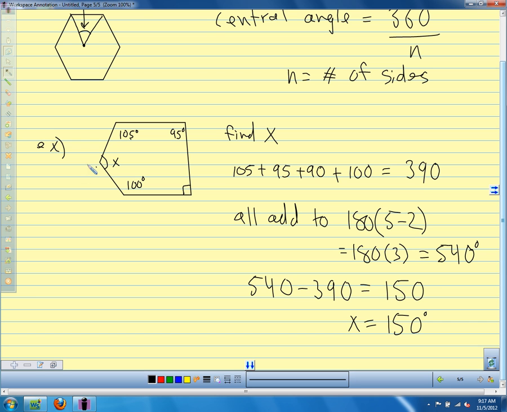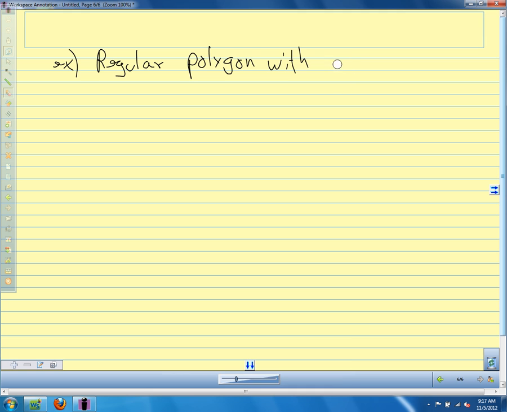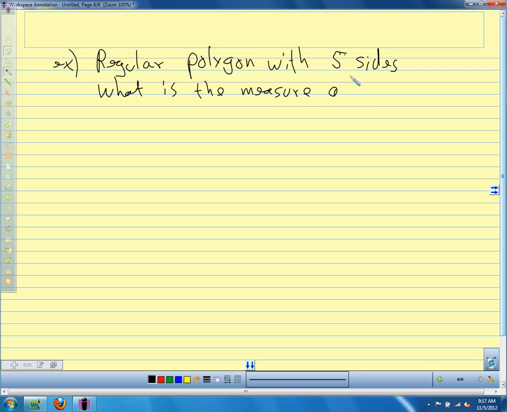All right, let's look at another example. If we have a regular polygon with 5 sides, what is the measure of an interior angle?